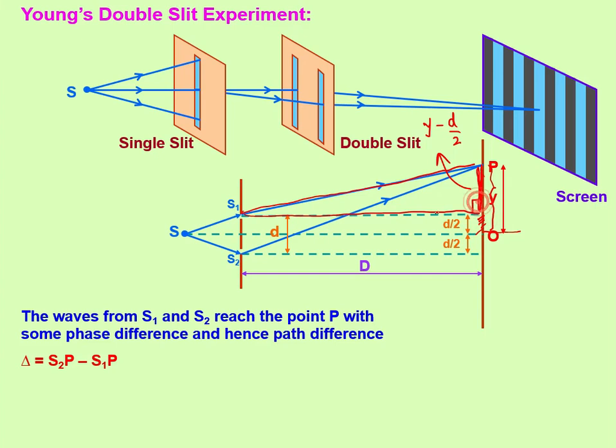Again this is a right angle, so applying Pythagoras, S1P square is equal to capital D square plus Y minus d by 2 whole square. So in short, S2P square is D square plus Y plus d by 2 whole square, which you must have written in your notebook. Similarly, S1P square is as mentioned on the screen.